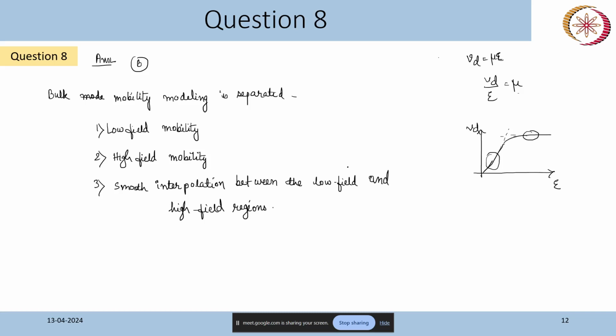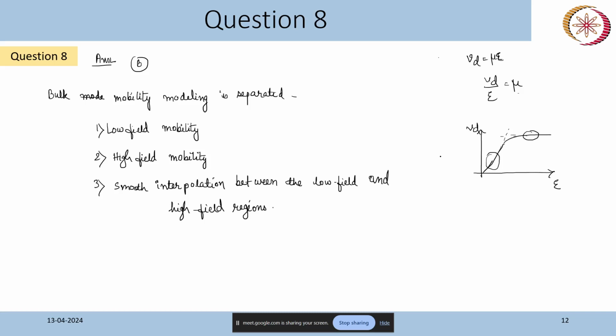I have already discussed this concept in earlier sessions, and how mobility is affected by different parameters. For example, it depends on doping concentration and on temperature. So those were already covered. While using the simulation tools, we have to remember that the mobility values are very different for two different doping concentrations.